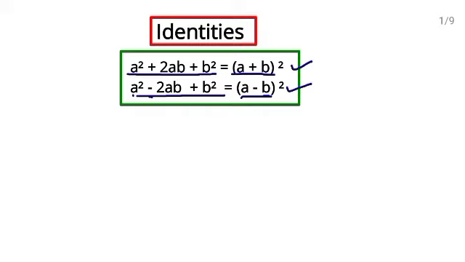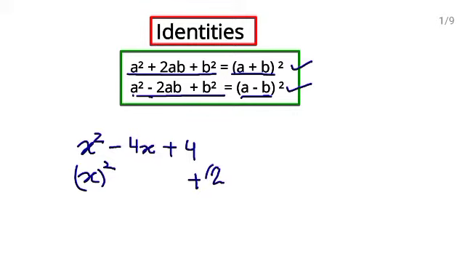For example, if we have x square minus 4x plus 4, this is in the form of a square minus 2ab plus b square. 4 can be written as 2 square, b square, and the middle one will be minus 2 into a into b, where b is 2.